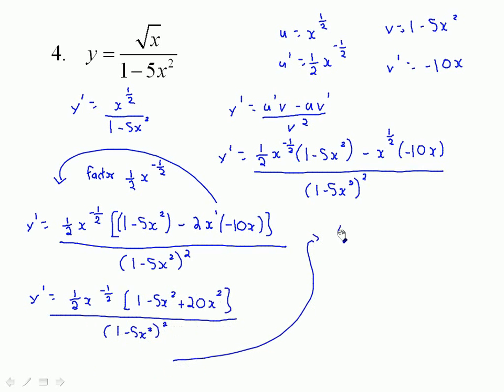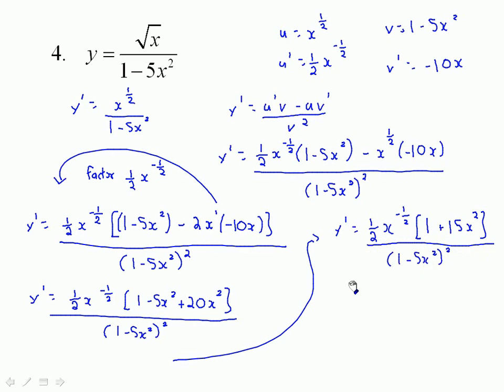And therefore, y prime is equal to 1/2 x to the negative 1/2 multiplied by, in a bracket, 1 plus 15x squared all over top of 1 minus 5x squared to the 2.